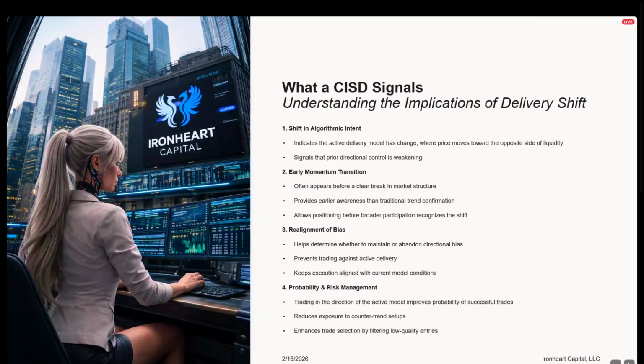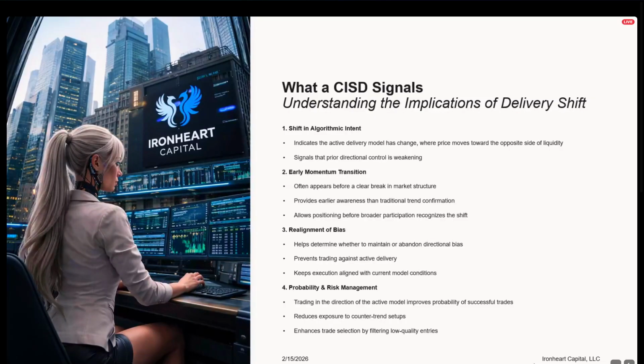And if you can get past the emotional side of trading, which I think is the hardest part of trading, it allows you to develop a very clear-cut series of steps or signals that would tell you when to abandon your bias, right? Like I said, if you're long or you're short and you see a model shift, you know that you can get out. You can either take the loss or take your profit and get out.